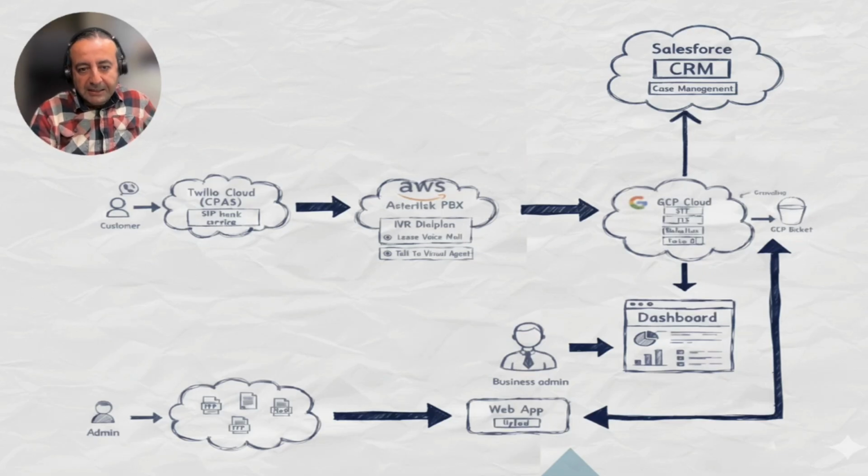As a conclusion, to summarize, we've built an end-to-end intelligent help desk solution that captures calls through Twilio's CPaaS, routes them through the AWS Asterisk for IVR functionality, and transcribes the conversation in real time with GCP speech-to-text using the STT API. Then it powers the intelligent response using Gemini and Dialogflow grounded to your organization data.